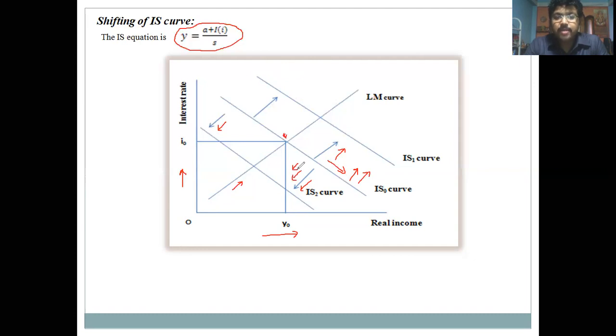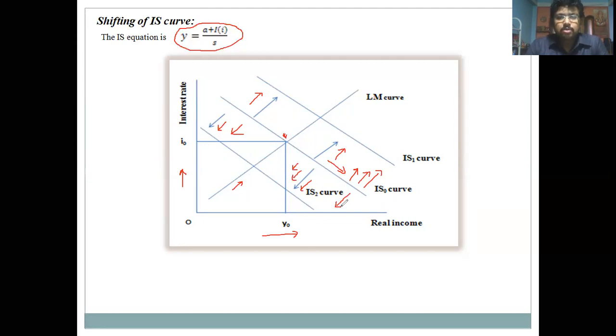Now, if the marginal propensity to consume increases, then the IS0 curve will shift up, and if the marginal propensity to consume falls, then the IS0 curve will shift towards the origin.